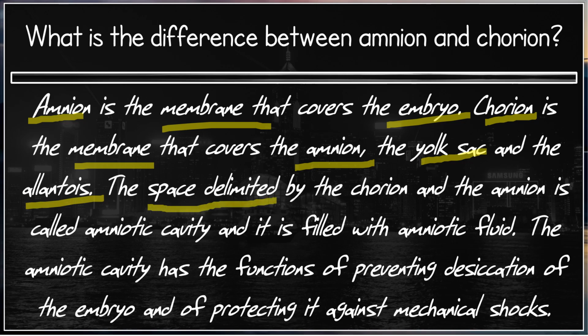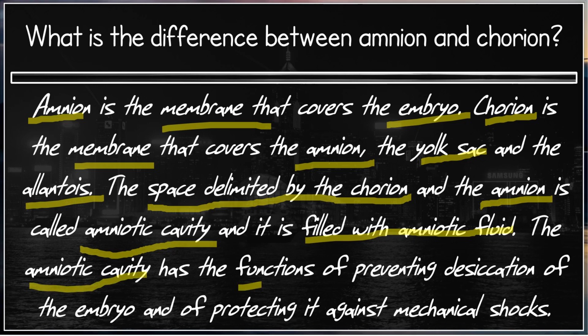The space delimited by the amnion is called the amniotic cavity, and it is filled with amniotic fluid. The amniotic cavity has the functions of preventing desiccation of the embryo and protecting it against mechanical shock.